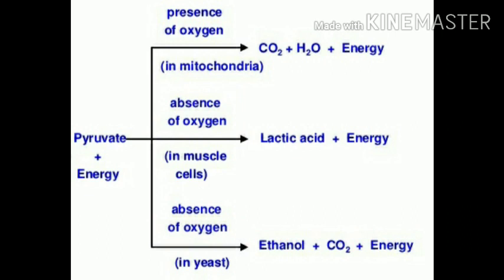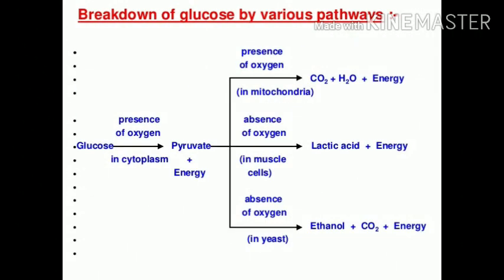Now, if there is no oxygen present, then pyruvate is converted either to ethanol and carbon dioxide or to lactic acid, depending on whether the process is taking place in a plant cell or animal cell. Also remember, much less energy is released in case of anaerobic respiration.